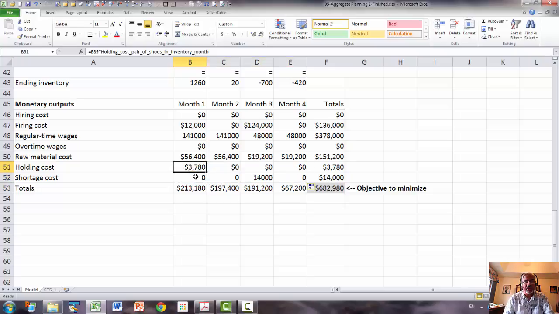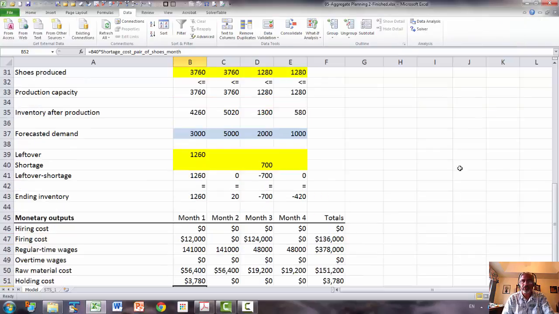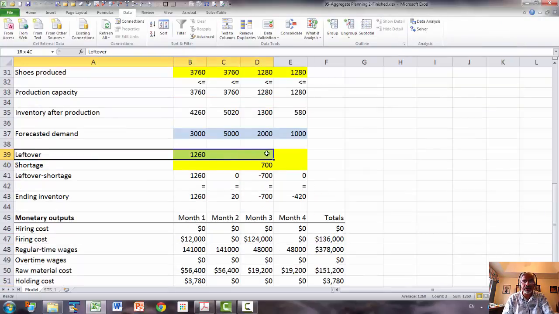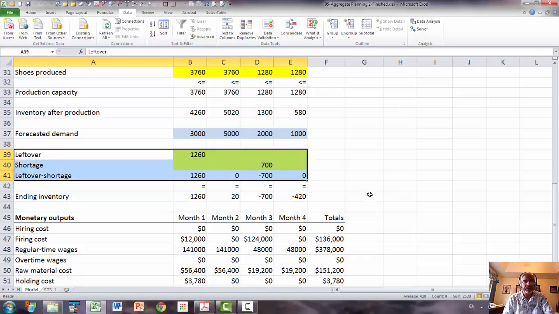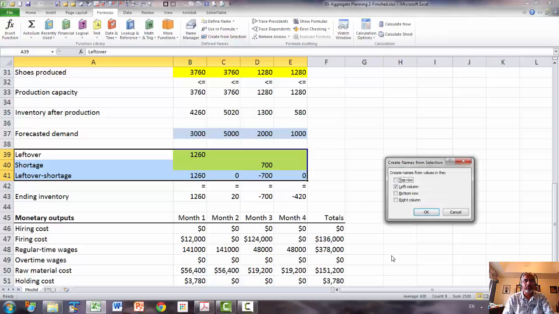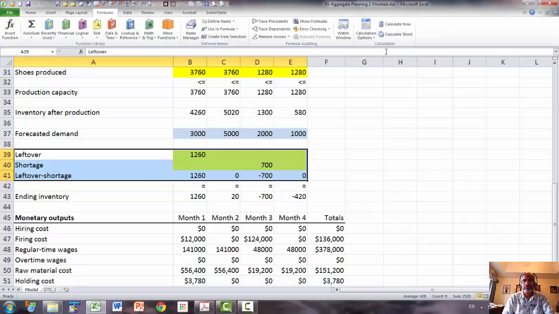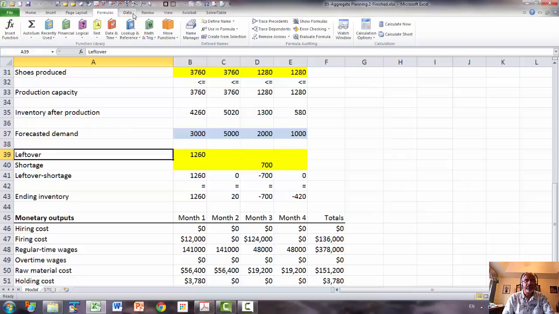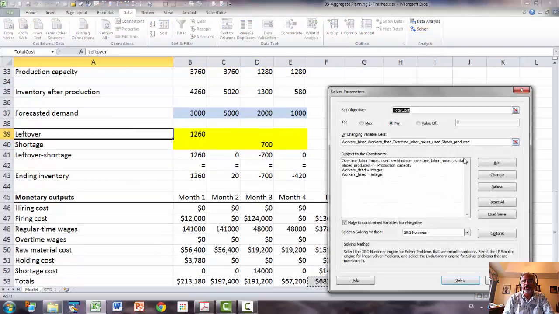So now you've gotten rid of the IF function. Okay, so before we go back to Solver, let's give some names for these three.